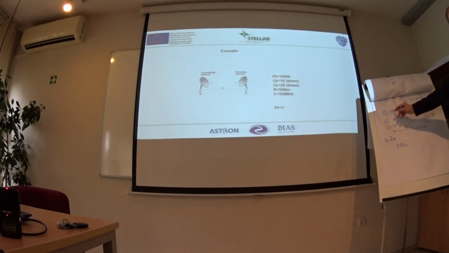The transmitted power, 100 watts, times antenna gain, 10, equals 1000, over 4 pi r squared, equals 1000 over 4 pi times 500 squared.